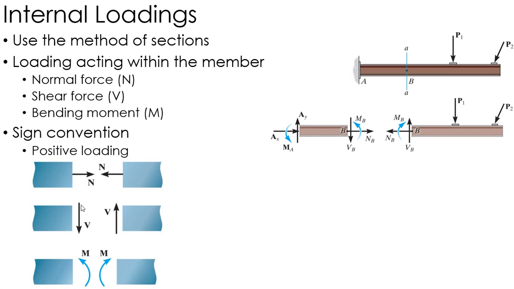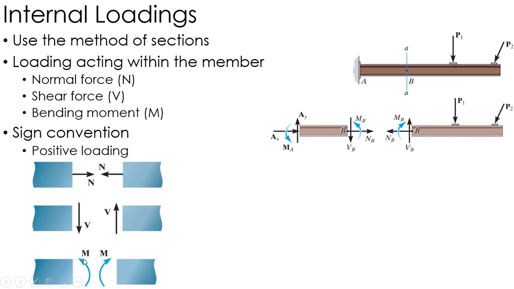Now, again, because of Newton's third law, they have to be equal and opposite depending on which side you're looking at. Okay, so if V is downward, basically on the right side of the face, or if I look at the left side, it's downward, that's a positive. Okay, if I look at the right side half, where V is actually acting on the left side, we call positive up.